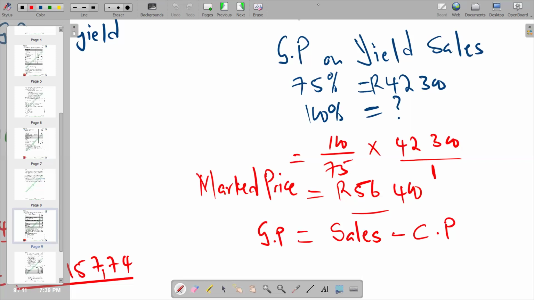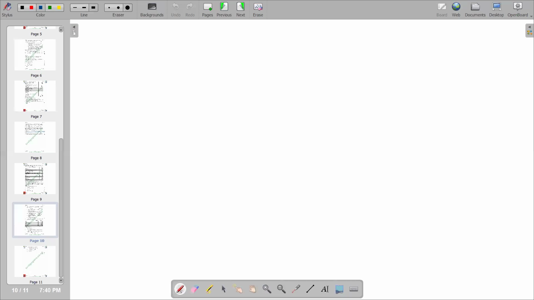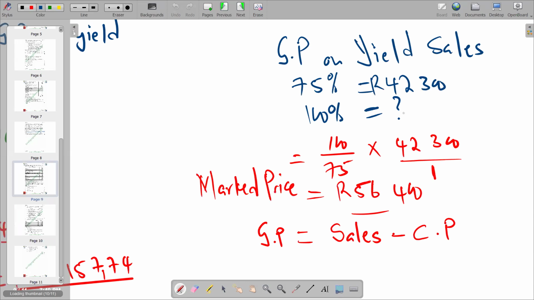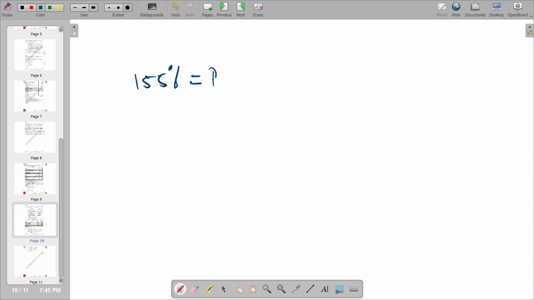That represents our cost price. So we are going to say our 155% is equal to our 56,400, and the figure that we are looking for is 100%. So from there, we can calculate our cost price, which is represented by 100%.